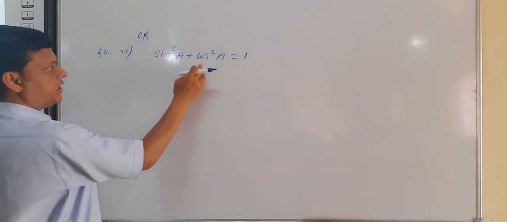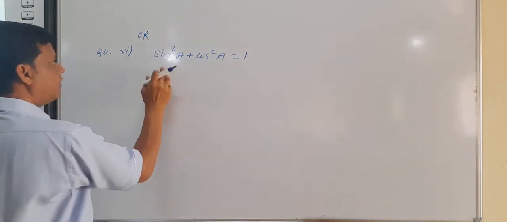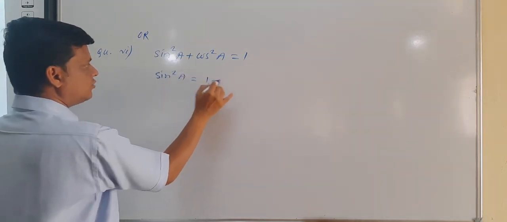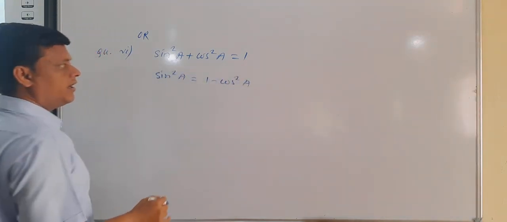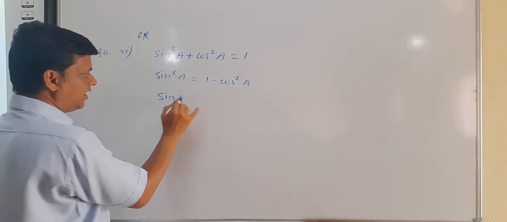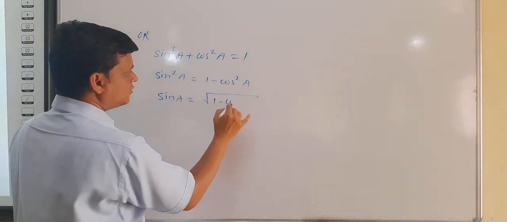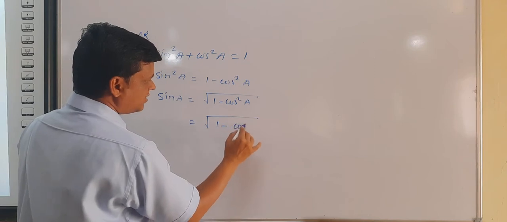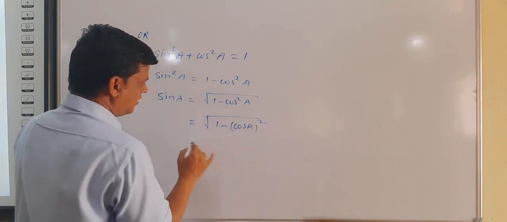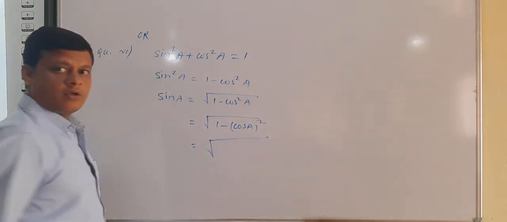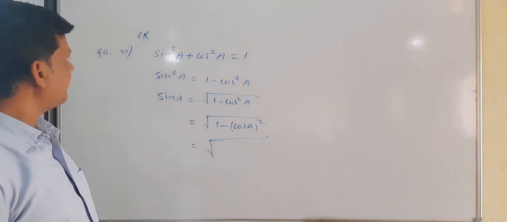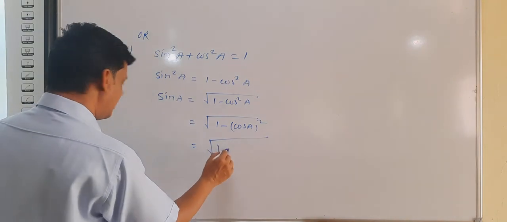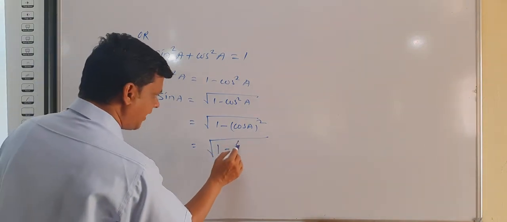The identity is sin square A plus cos square A equals 1. We have to find the value of sin A. So we write here sin A is equal to the under root of 1 minus cos square A, that is 1 minus cos A squared. Now in question 1, sub question 1, we found the value of cos A, that is 4 by 5.